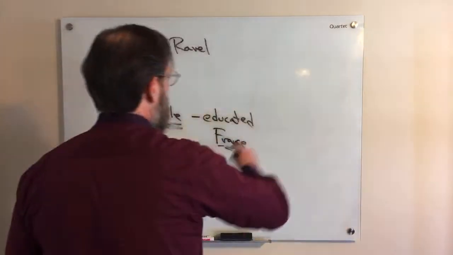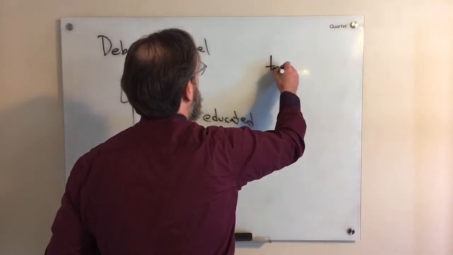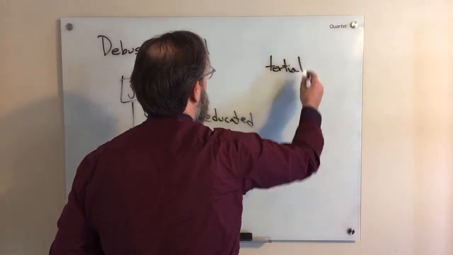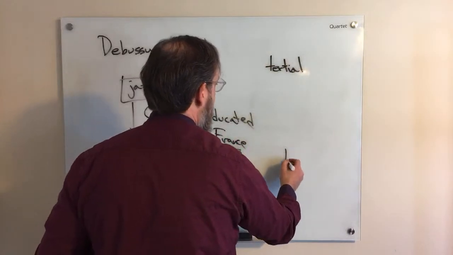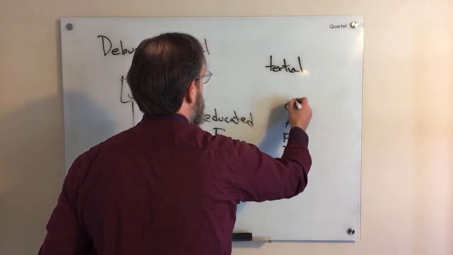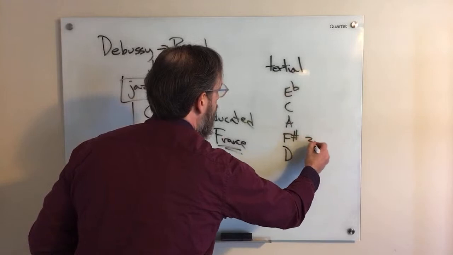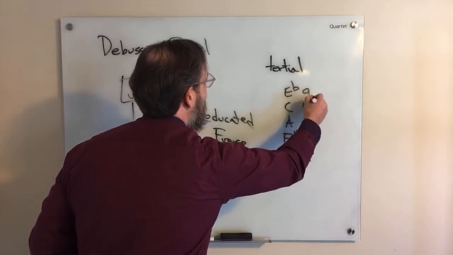So the upper structures of this tradition is all tertial. And tertial means stacking thirds. So you might have D, F sharp, A, C, E flat. 1, 3, 5, 7, 9.